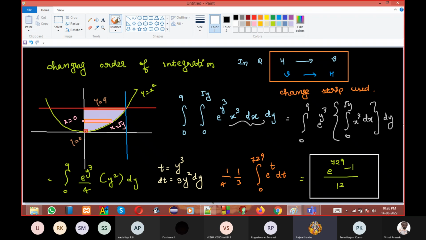Is there any sort of confusion in this question? Are you all understanding what is the meaning of changing the order of integration? Any sort of confusion in this? If it exists, please ask.